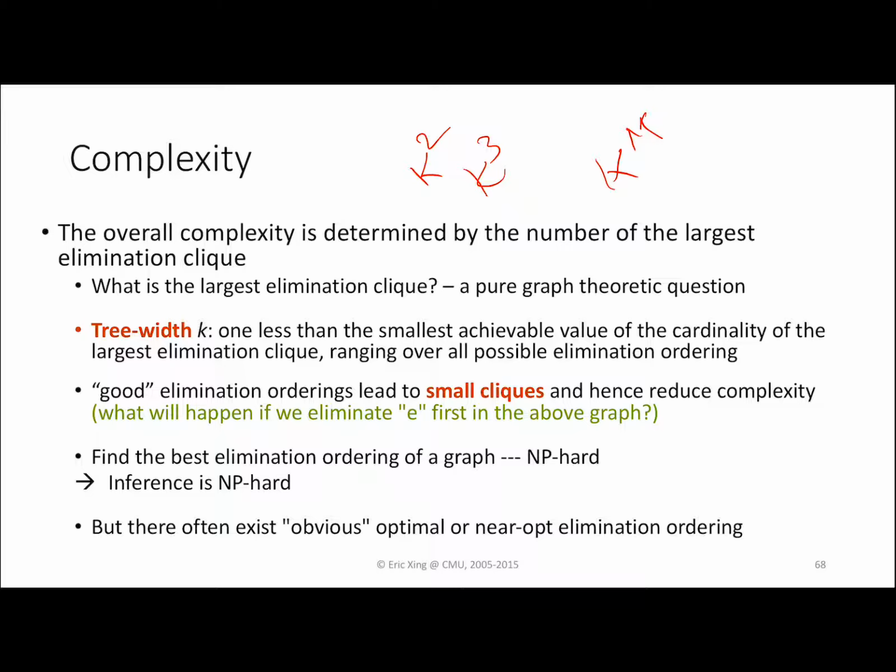And so the cost that you are paying is the size of the biggest clique that you have. So the idea here is that you have to find an ordering such that the biggest clique is not too big. And because it's an NP-hard problem, there is no way to avoid it but having a good heuristic or having a graph which is, quote-unquote, tractable.